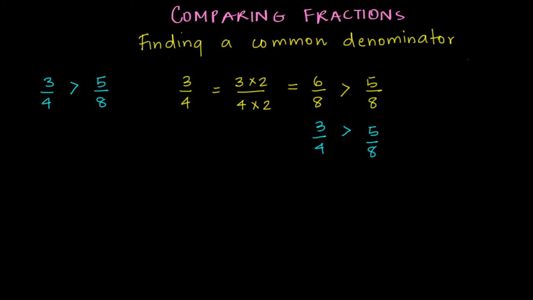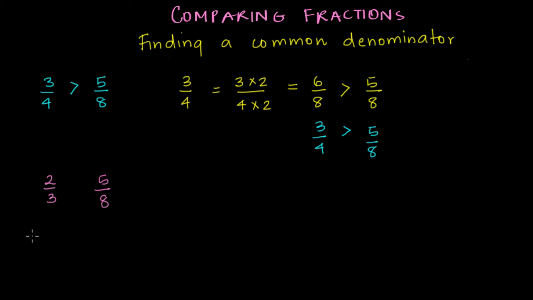Let me take another example. Let's take the example of 2/3 and 5/8. Now the way you would find a common denominator is by finding a multiple that's common to both 8 and 3. Now you notice that 8 and 3 have no factors in common. So in fact, one common multiple for 8 and 3 is 8 times 3.